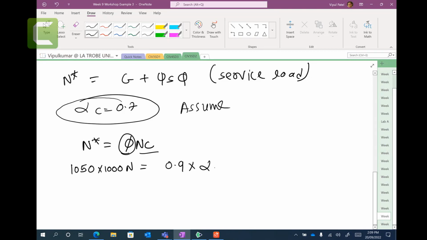NC is alpha C, NS, right? NC, I can show it to you again: NC, alpha C, NS, where NS is KF, AN, FY.